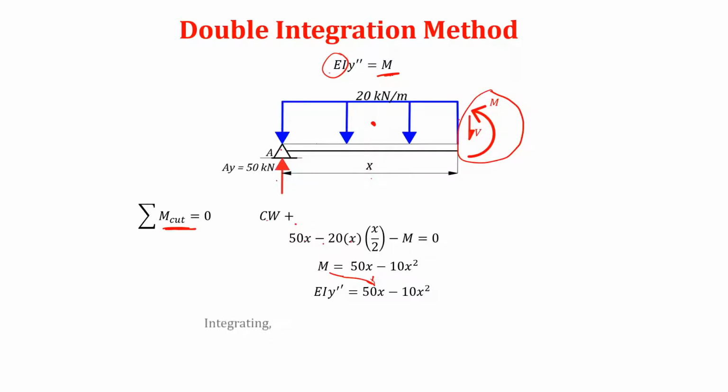Okay, if we integrate it for the first time, what results is EIy prime equal to 50 times x squared over 2, minus 10 times x cubed over 3 plus C1. Notice that there is already an addition of a constant, which is C1.